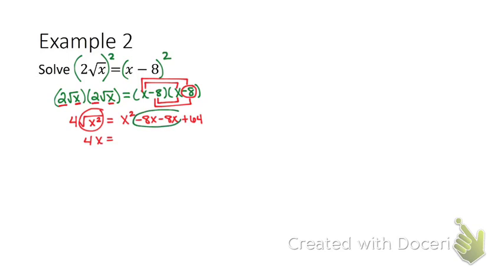And then we're going to combine like terms. The 8s don't cancel. Why not? They have the same sign, okay? It's only when they have the same number but opposite signs that they cancel. So what's negative 8 minus 8? Negative 16x. And then we have plus 64.